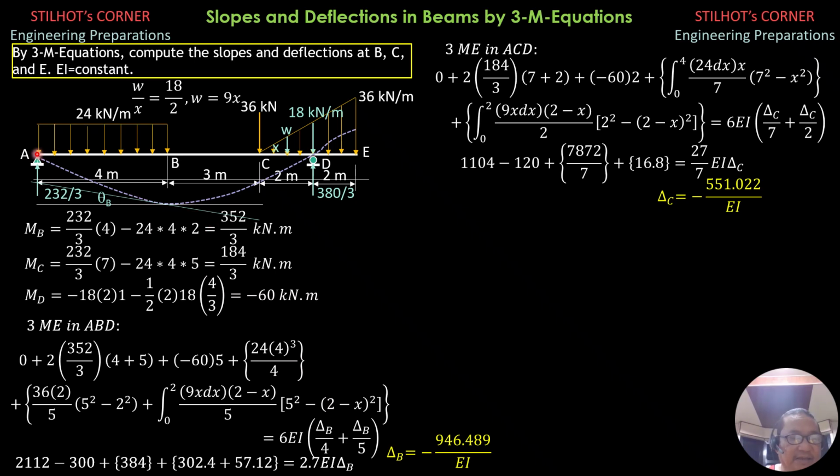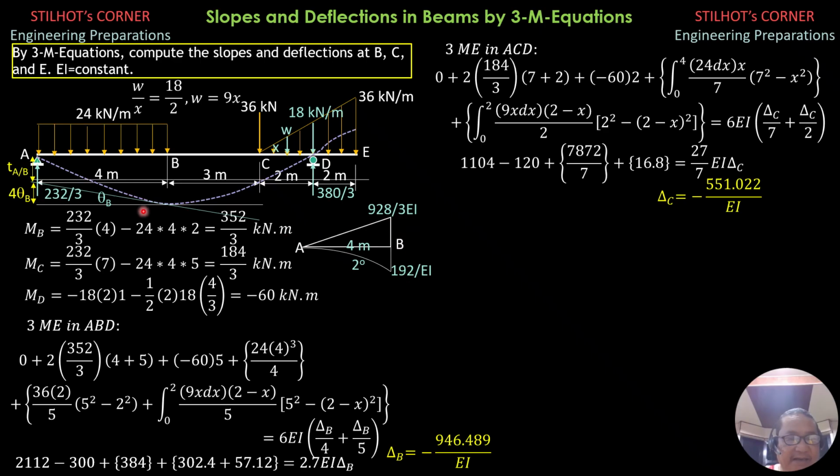If that's correct, then this is the deviation of point A relative to the tangent at A, and we can compute that by drawing the moment diagram by parts for portion AB. So this is 4 times theta B because that's 4 meters, and this is the deviation of A relative to B. To compute the deviation of A relative to B, we have to draw the moment diagram by parts at B. So it is 232 over 3 times 4 triangular above, then the negative is 24 times 4 times 2 second degree. So this is the moment diagram by parts.